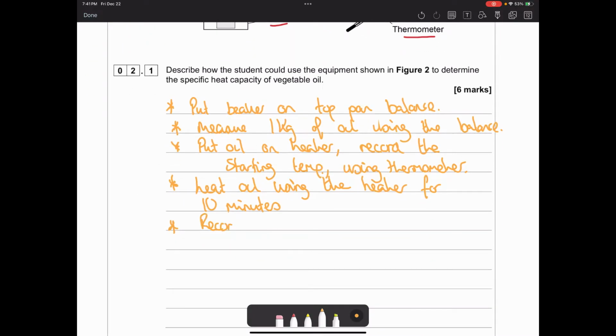So record joules of energy used by the heater and the final temperature of the oil.